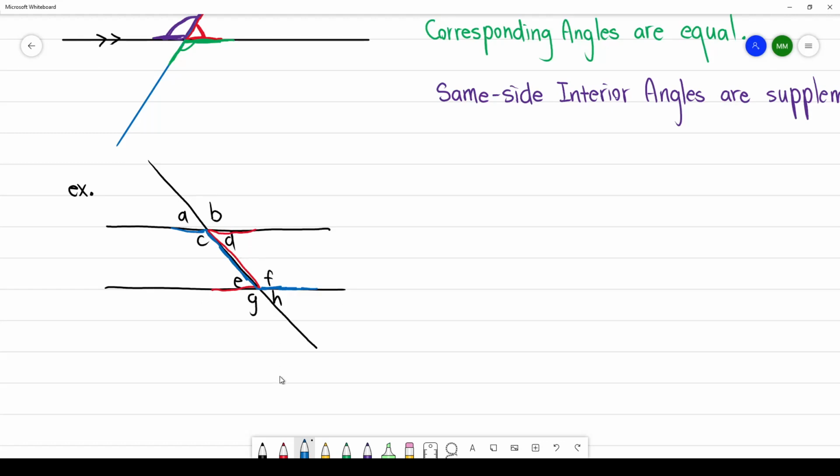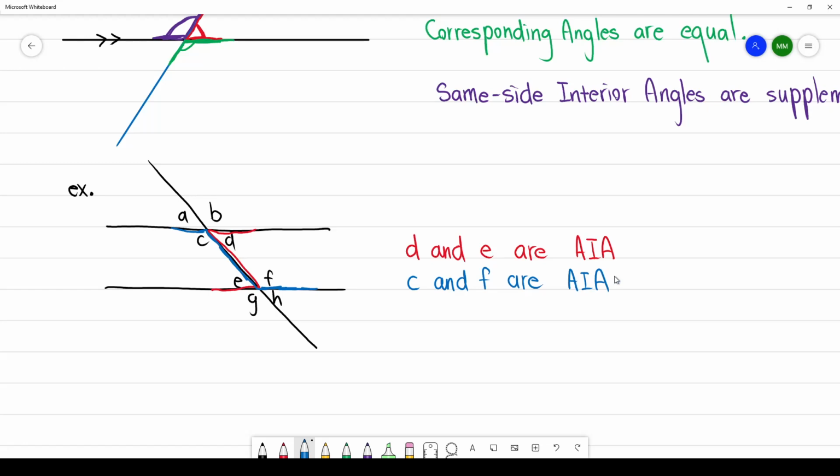So D and E are in the red set. D and E are alternate interior angles, right? AIA. And then C and F are AIA as well.